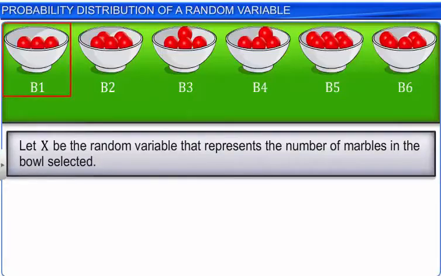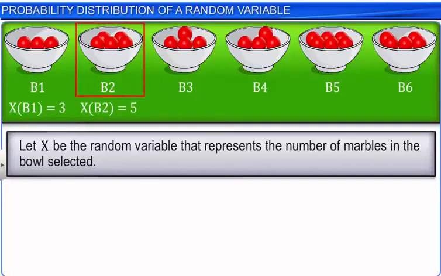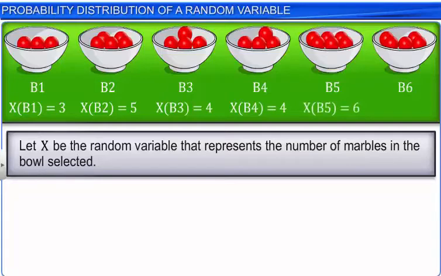If bowl B1 is selected at random, then X of B1 is equal to 3. If bowl B2 is selected at random, then X of B2 is equal to 5. Similarly, X of B3 is equal to 4, X of B4 is equal to 4, X of B5 is equal to 6, and X of B6 is equal to 5.